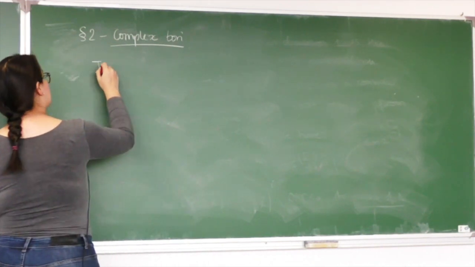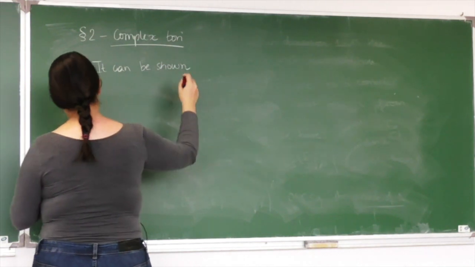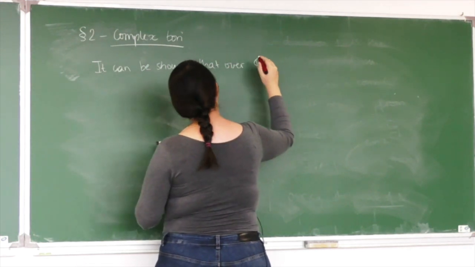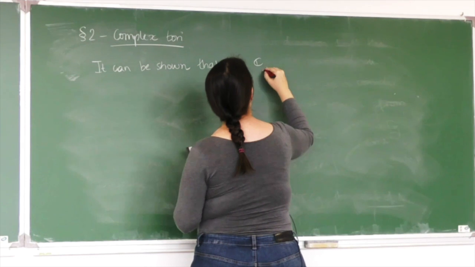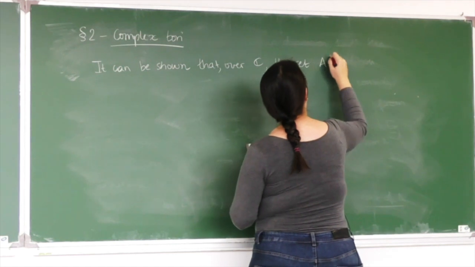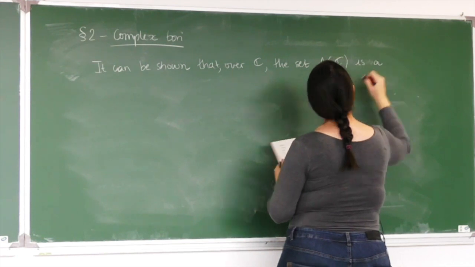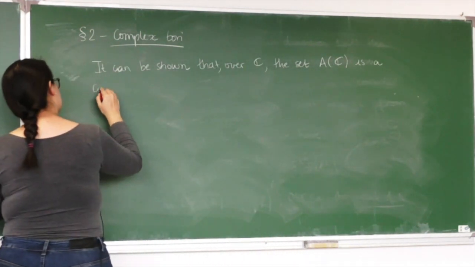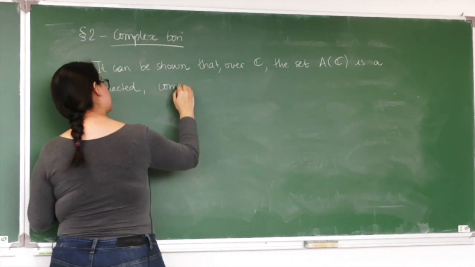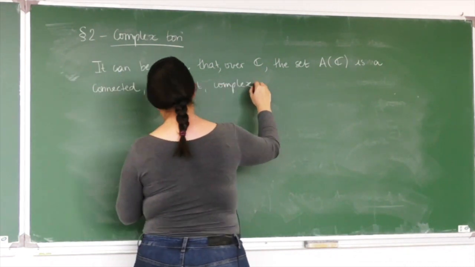So, it can be shown that over C, the set of complex points of the abelian variety is a connected, compact, complex Lie group.